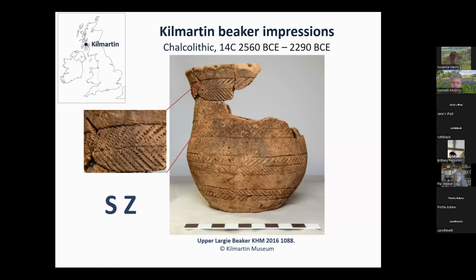And while that looks like a Z twist in the impression, of course, the impression is in the mirror of what actually impressed into it. So this is applied cord twisted in an S direction. And so this gives us an understanding of the type of technologies.